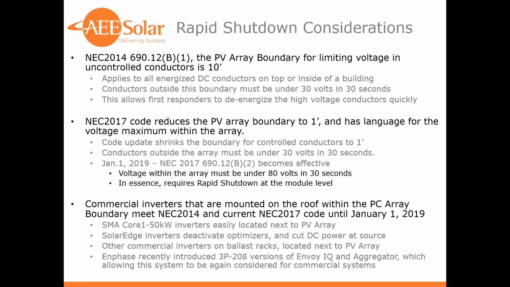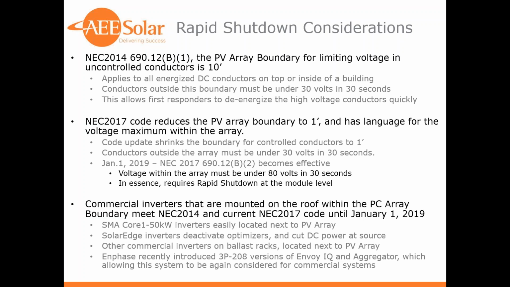And it also has language for the maximum voltage allowed inside the array. That was put on hold until January 1st of 2019, which is right around the corner. Sorry, the interior array voltage requirement, so it's different from the specific module requirements.